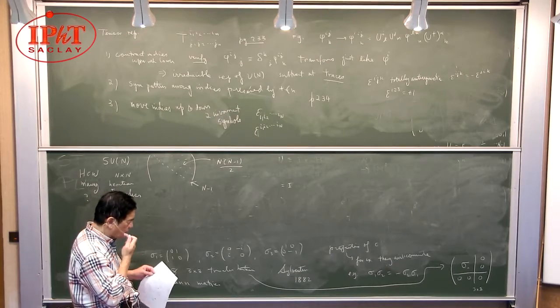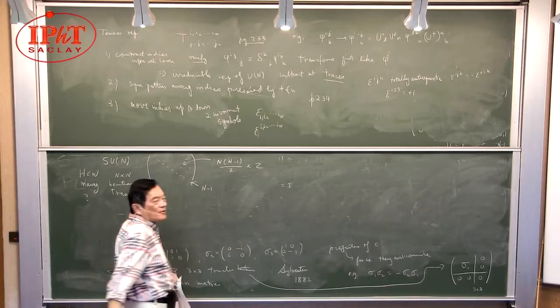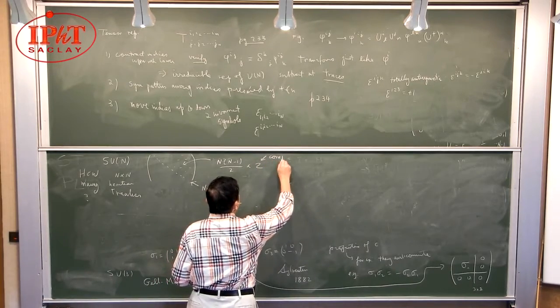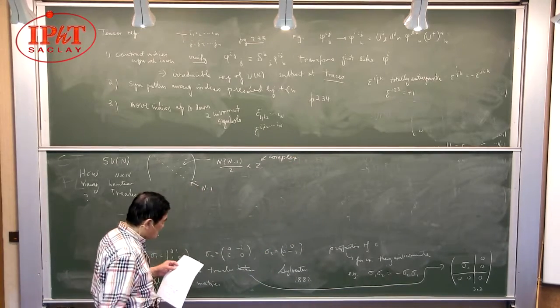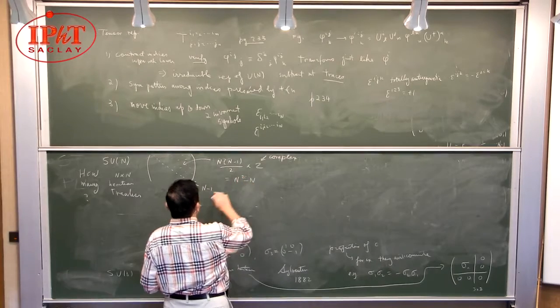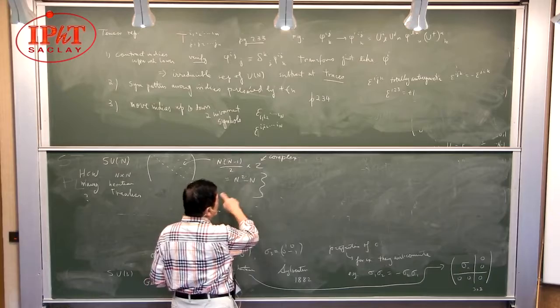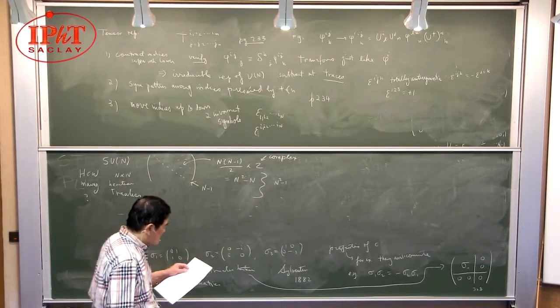But we must remember to multiply by 2 because these entries are complex numbers, and each complex number is 2 real degrees of freedom. So this is n squared minus n. And so altogether, adding these two, you find that there are n squared minus 1 such matrices.